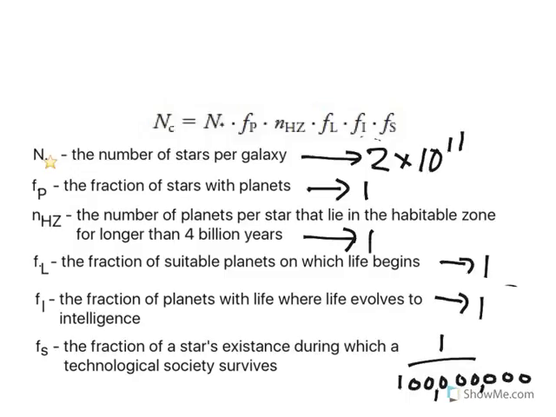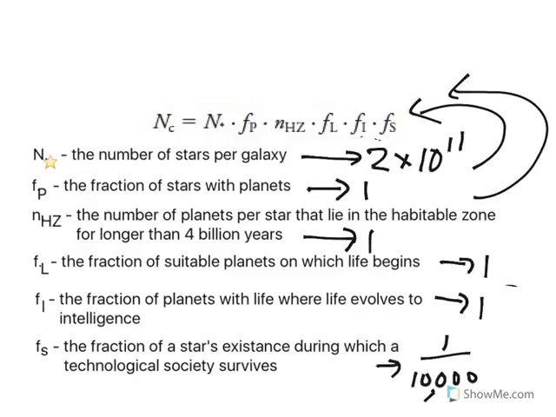So the age of the star comes into play as well. The pessimistic person would choose something like 1 over 100 million, or a very, very small chance that that whole star system, or that planetary system, would continue to exist. We're the optimistic person, so we will choose the 1 over 10,000 fraction.